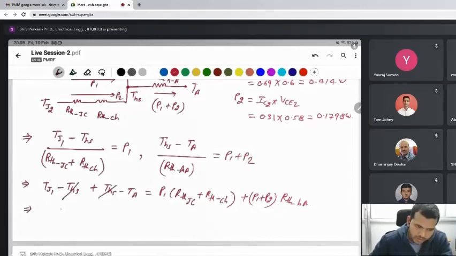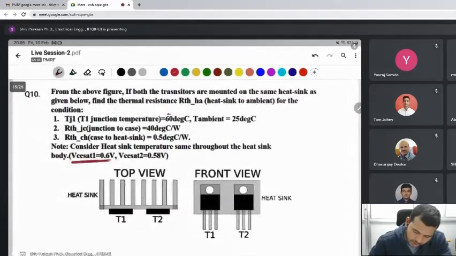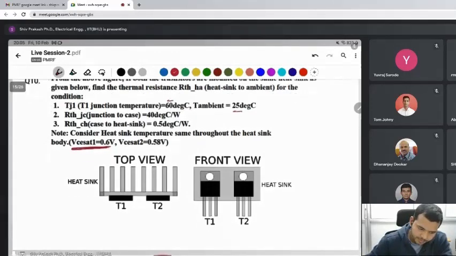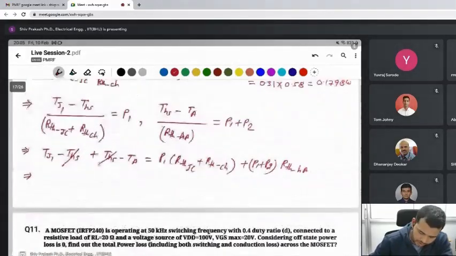The junction temperature is given as 60 degrees, ambient again 25 degrees, RthJC is given 40 and RthCS is given 0.5. Apply here: 60 minus 25, P1 is given 0.414.